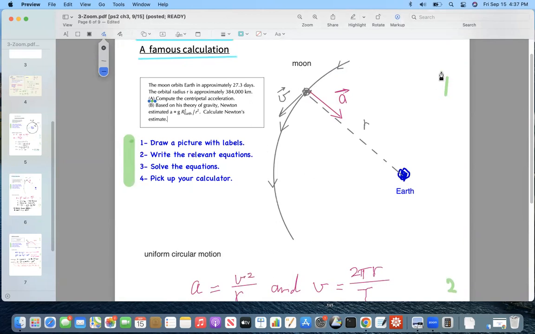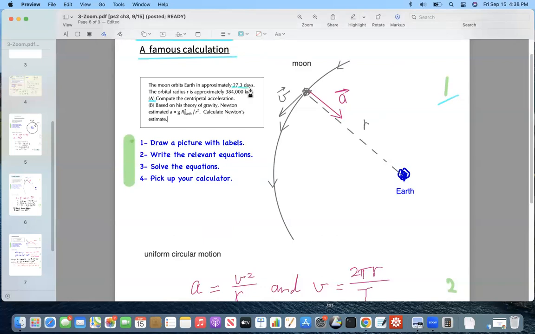Here's the picture. We start by drawing a picture. Here's the moon revolving around the Earth. And the distance is r, and that's given: 384,000 kilometers. And the time to go around once around the circumference is given.